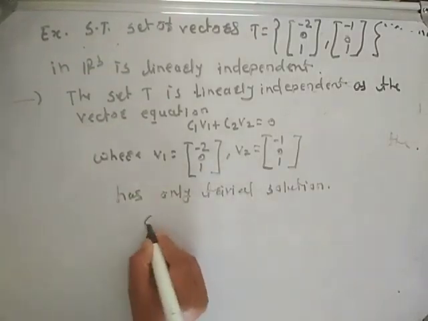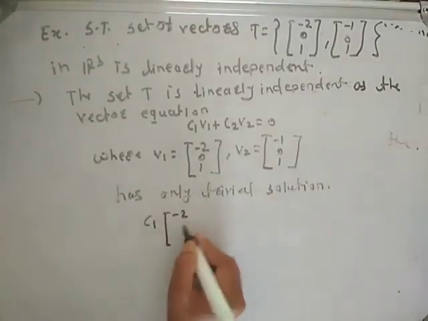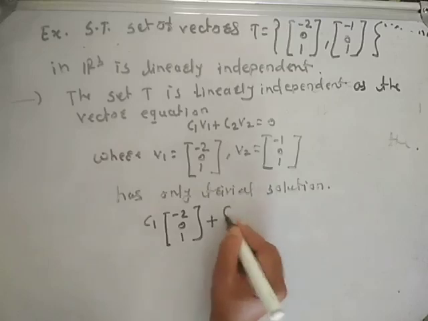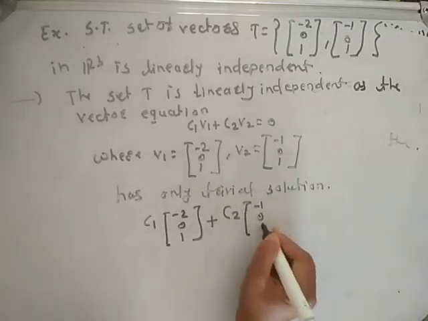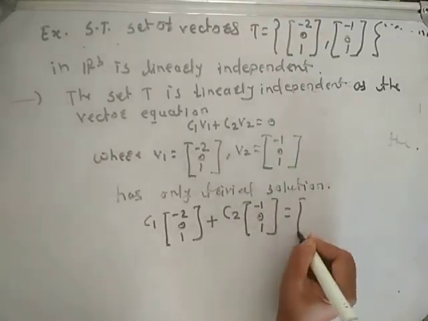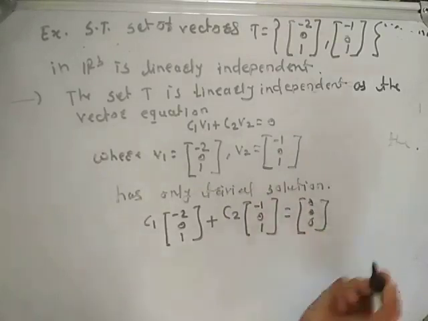This is very simple. C1 times (-2, 0, 1) plus C2 times (-1, 0, 1) equals (0, 0, 0).